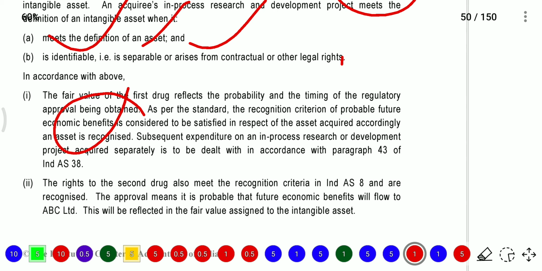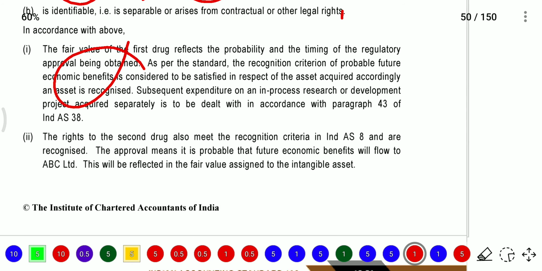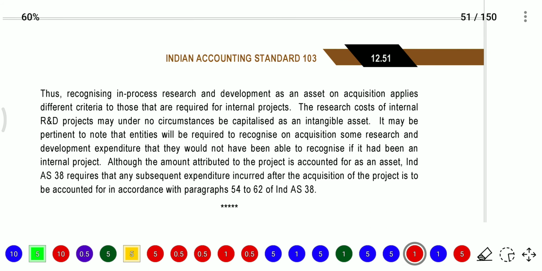So up to that expenditure we need to charge the amount. For a project acquired separately, it is dealt with likewise, whereas the right of the second drug also meets the recognition criteria and also recognizes the approval, meaning it is probable that future economic benefit will flow to ABC Limited. This will be reflected in the fair value assigned to the intangible asset.